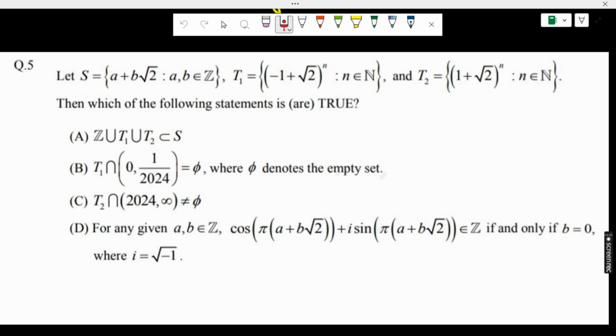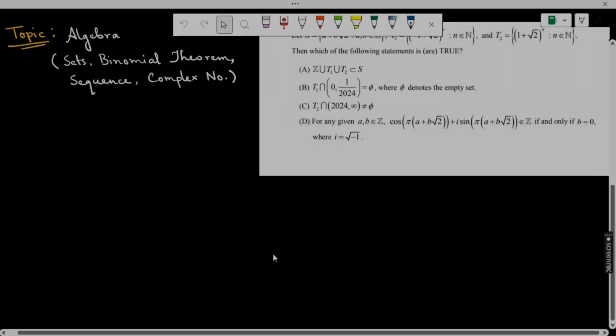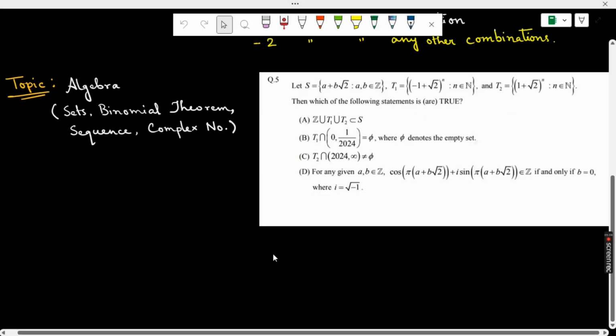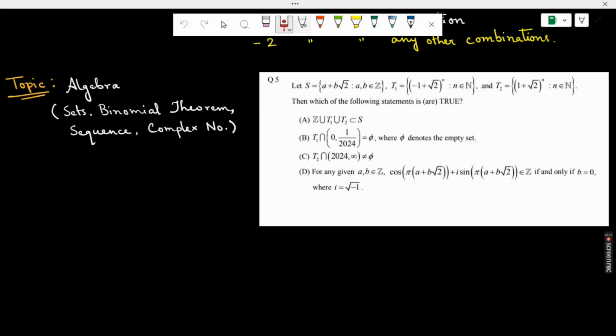So to solve this, we need to know about sets, binomial theorem, sequence, and complex numbers. First of all, use the binomial theorem, and using that we can write the T1 and T2 sets in a simplified manner. So first, (-1 plus root 2) whole to the power n.